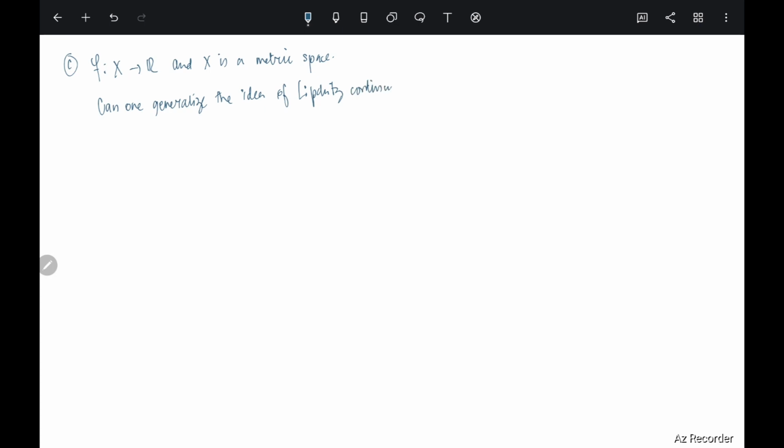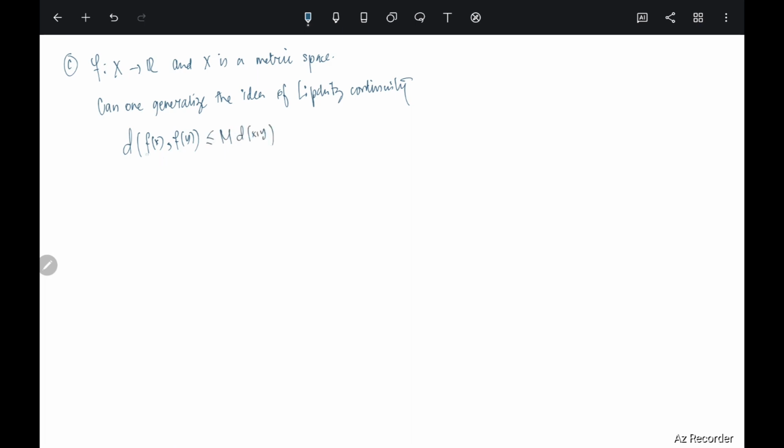Actually, it can be done, and you can see how you can do it. Please do it yourself, but I'm just giving you an idea. Once it is a metric space, it has a metric. So what you do is this: d(f(x), f(y)) should always be dominated by M times the distance of x and y.